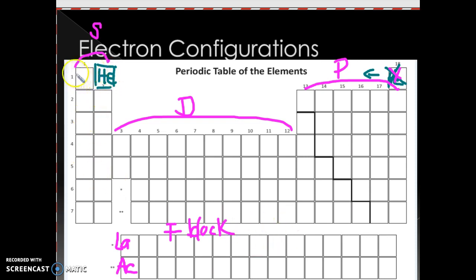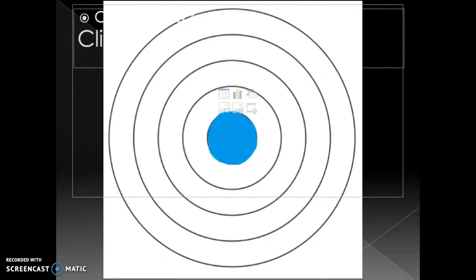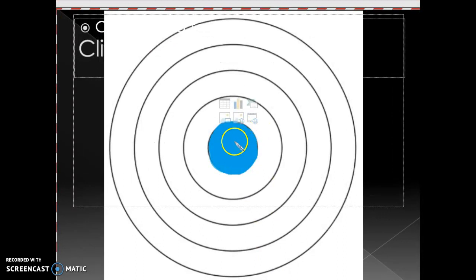Now keep in mind these periods, 1, 2, 3, a total of 7. Those periods represent rings around the atom. I don't know if you remember that our atom looks kind of like this, and the center of it represents the nucleus. Around it are the various rings. These rings are also known as energy levels.